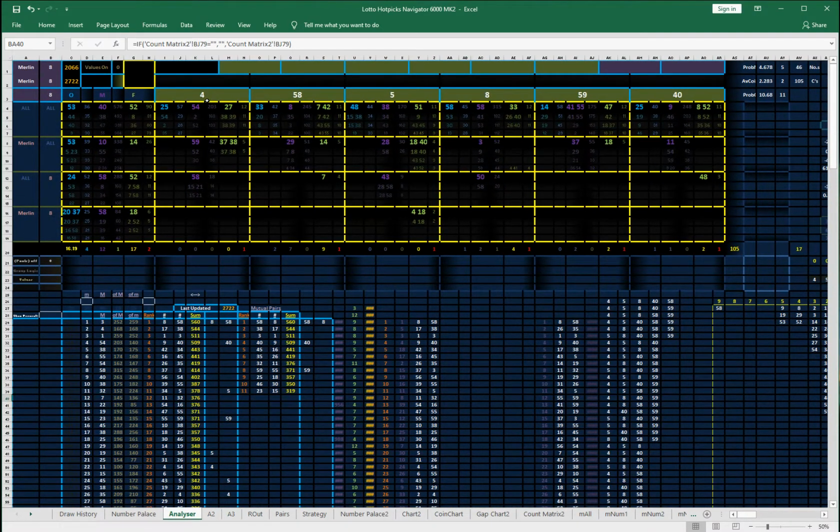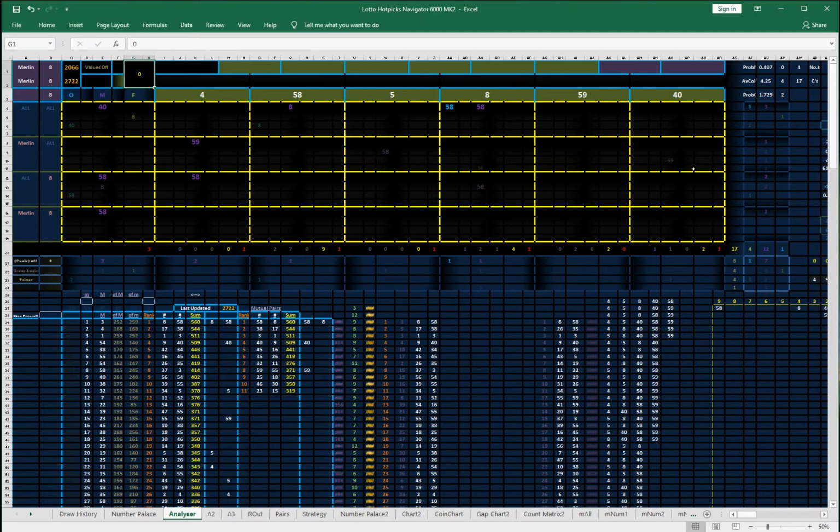So for instance, put a combination up on here, and then it tells you how many coincidences there are. So you can see these are all the coincidences.